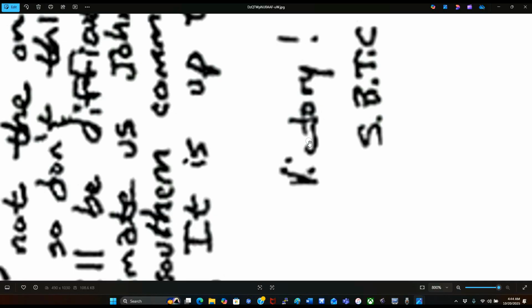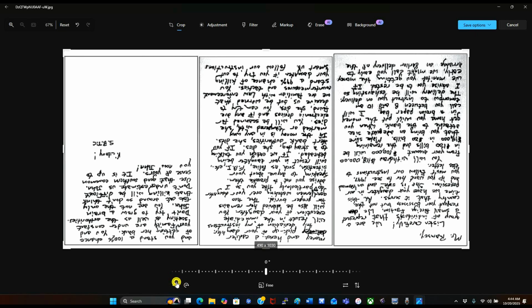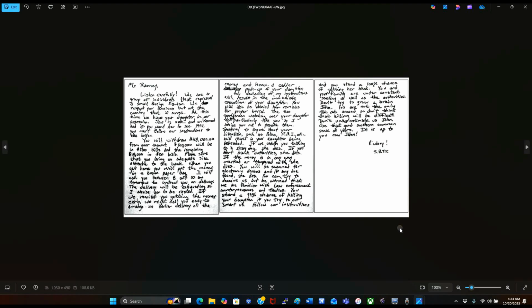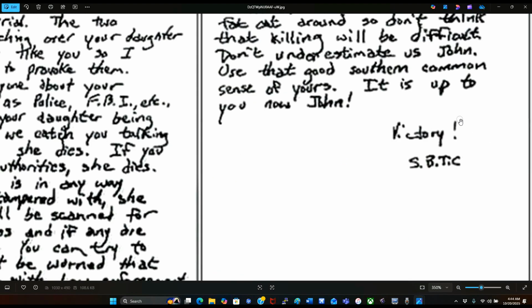Then we have a symbol of Jesus in the middle, okay? And let's see if I can get this thing to turn again for me. Okay, so we're gonna save it back like this. Let's blow it back up again. Let's bring it over.